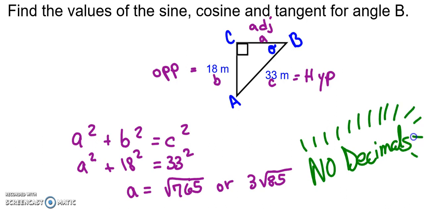When it comes to the rest of the trig stuff that we have, we don't really deal with decimals at all ever again. Do not change it to a decimal. Decimals are a bad word here, a really, really bad word.